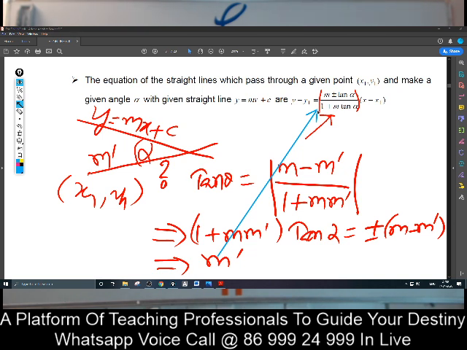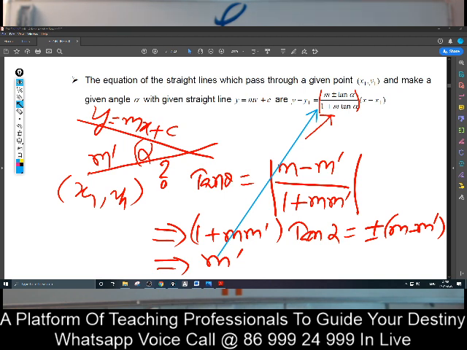What is it that we did? A point is given on the line, and another data is given. That line is making an angle alpha with the given line y is equal to mx plus c. Now what we are doing, we are making use of that alpha, and because the point is given on the line and we need the slope, we have taken the slope as m dash. And we applied the tan theta formula.